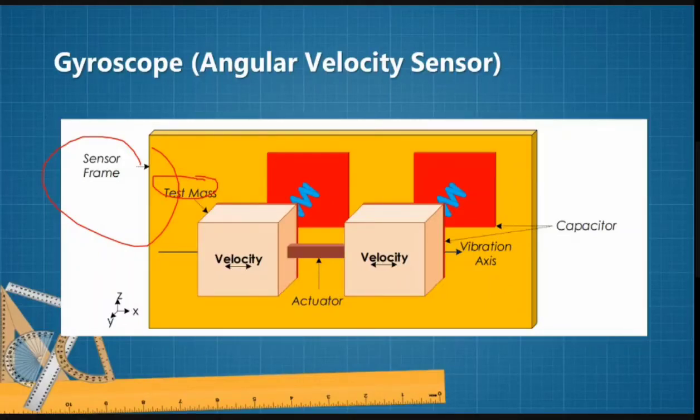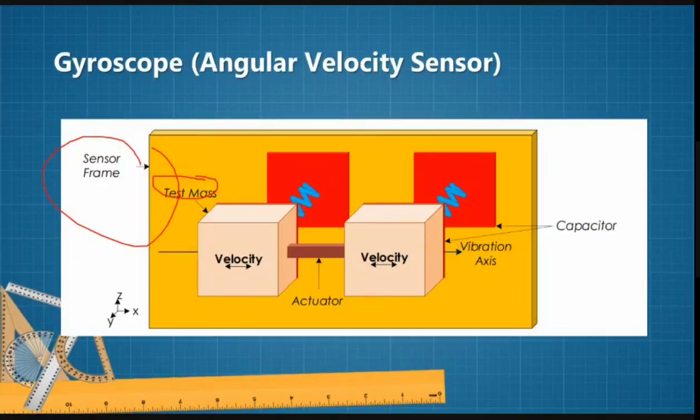There is a flat capacitor between the frame and the test masses to measure the Z component of the angular velocity.